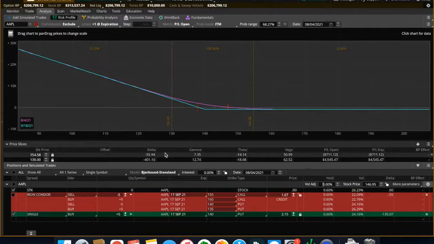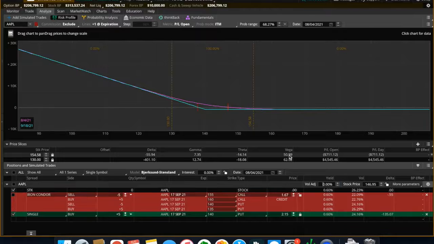When we learn, for example, about Greeks, about delta and theta and vega in particular, when you get a good picture of those things, you'll get an idea of where your risk is and at what price points your risk changes. And those are all really valuable ways to look at your position.